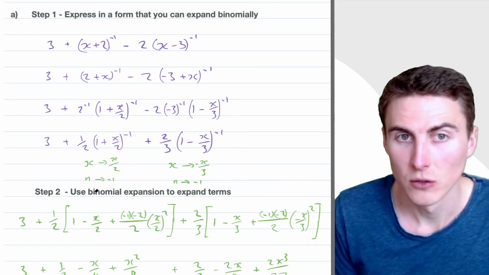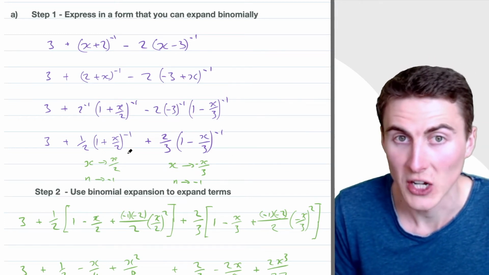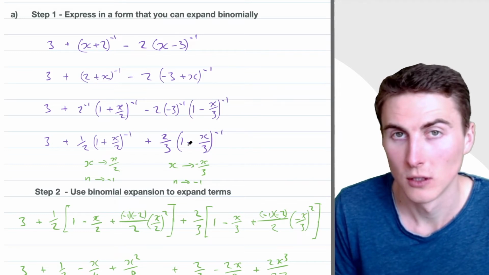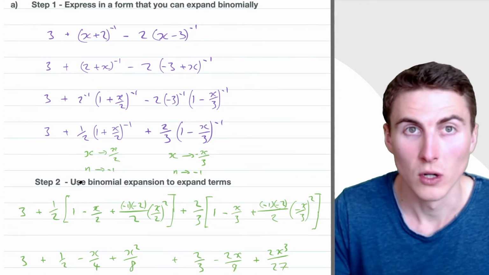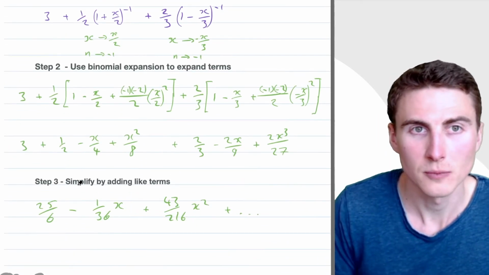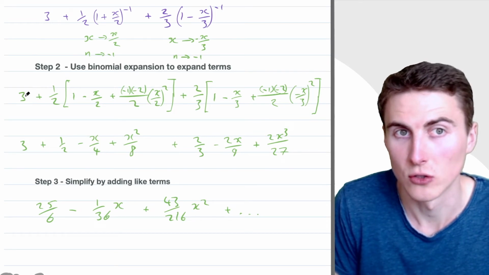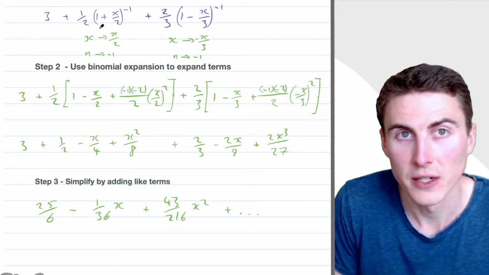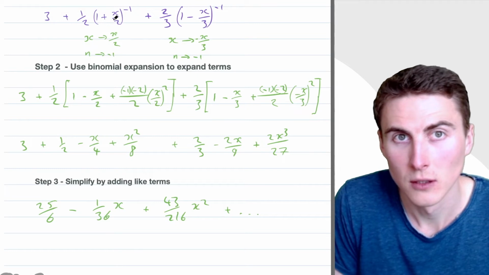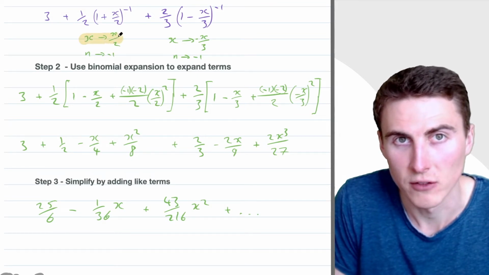And then the second thing to do is use binomial expansion to actually expand these terms. So if we scroll down a bit, the 3 is just going to stay as a 3. That doesn't change at all. But then for this bit here, I think my x is x over 2. You don't have to write this out, but I always like to.